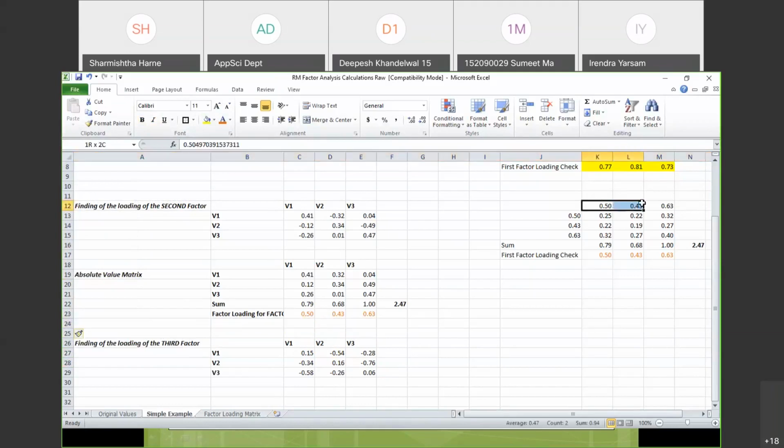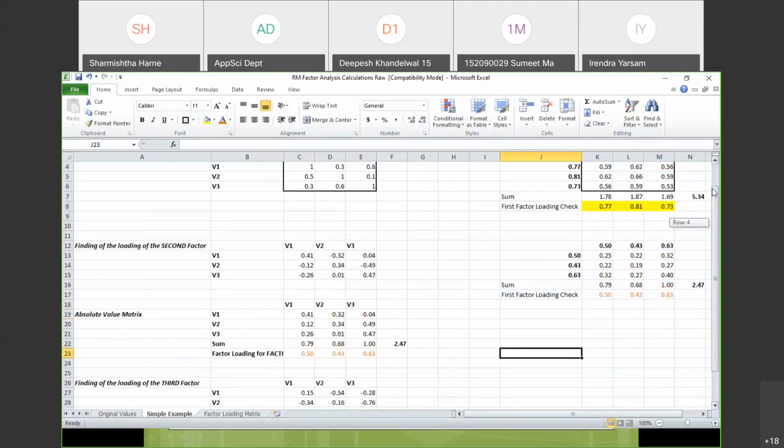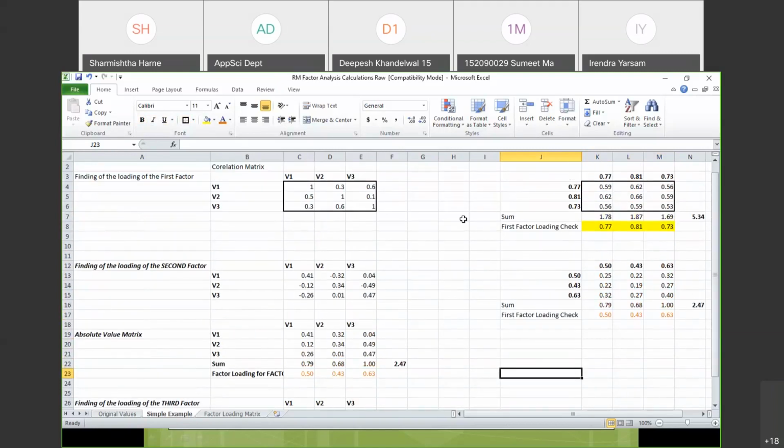Then you can show that these are the row headings and column headings. यहाँ पे भी आप सम कर सकते हो.